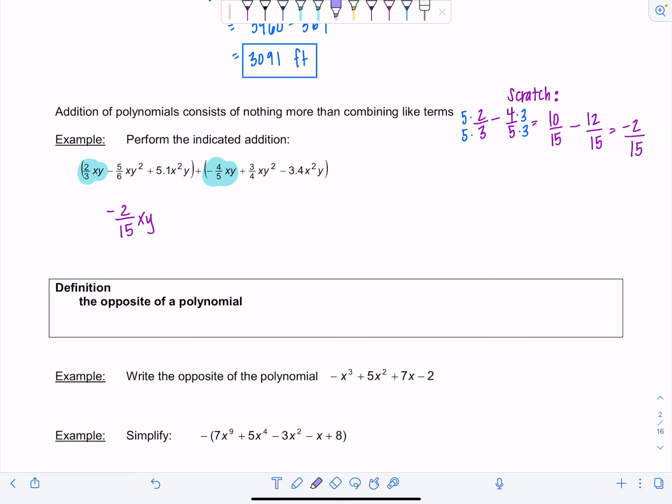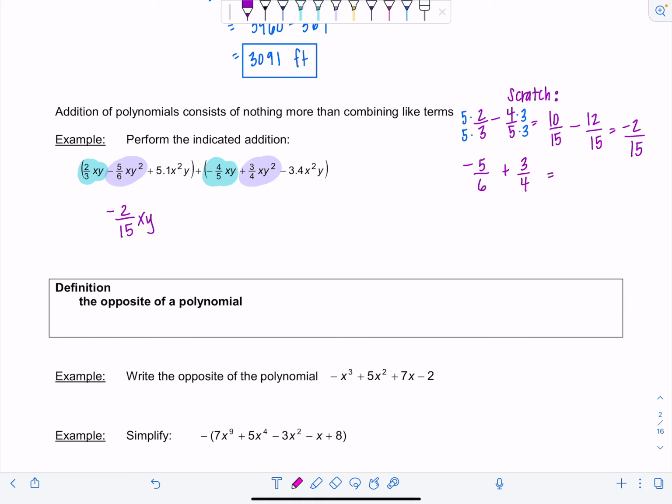Fabulous. Next one, negative 5/6 xy squared. Are there other xy squareds? Why, yes, here is 3/4 xy squared. Okay, here we go. So negative 5/6. I don't need to put the xy squared part. I'm just trying to figure out what the new coefficient is going to be. Plus 3/4.